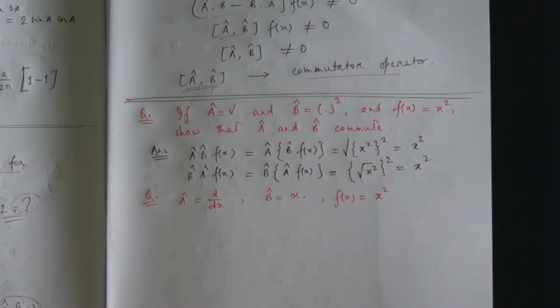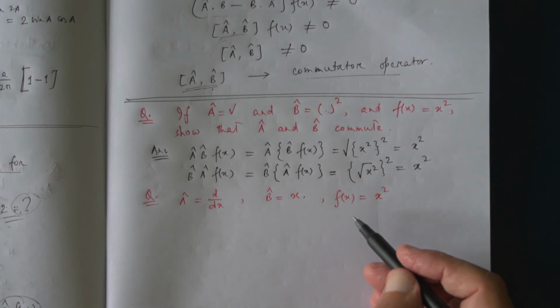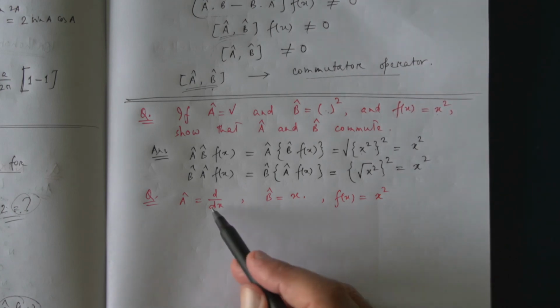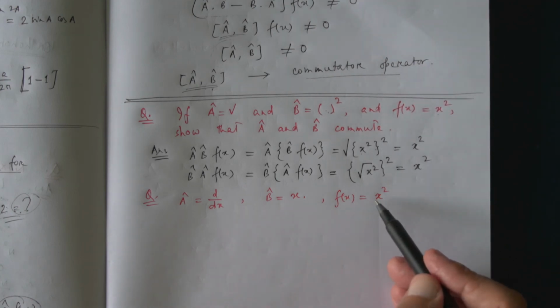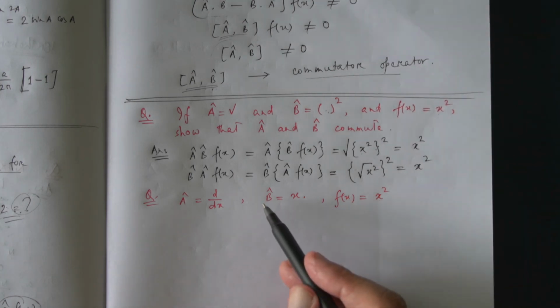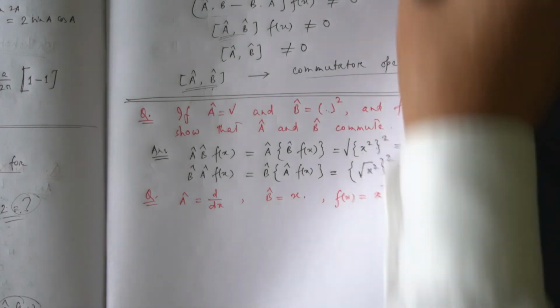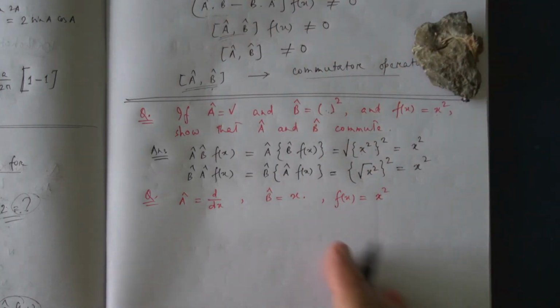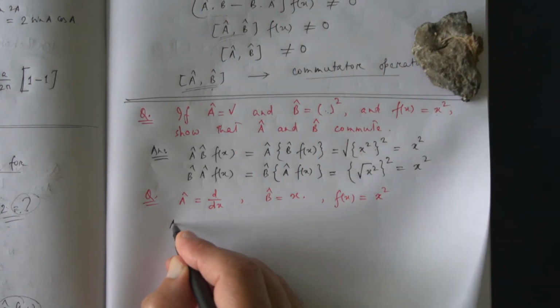Now show whether A and B commute or not. A is this, B is this, f(x) is this, and you have to verify whether A and B commute or not.